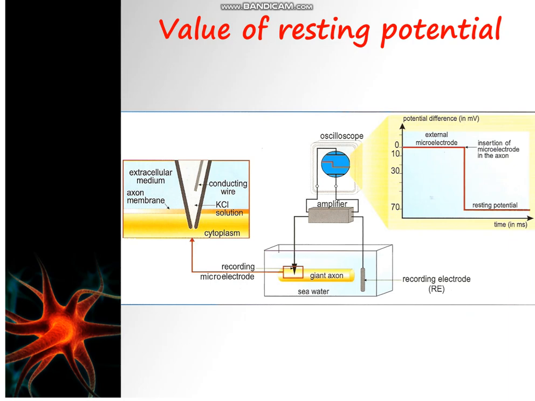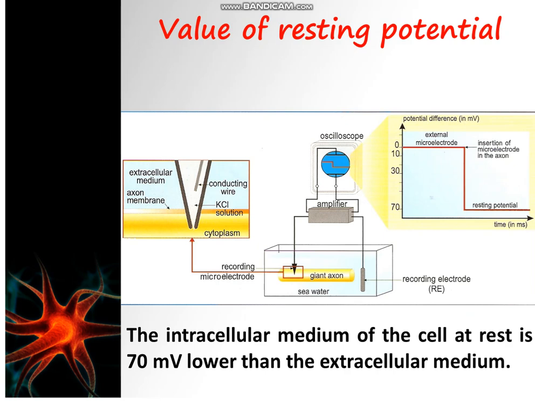What does this value mean? It means that the intracellular medium of the cell at rest is 70 millivolt lower than the extracellular medium. As we saw, the value is negative. But why?